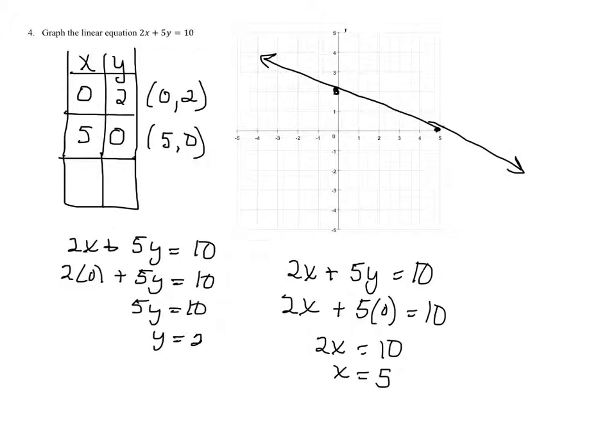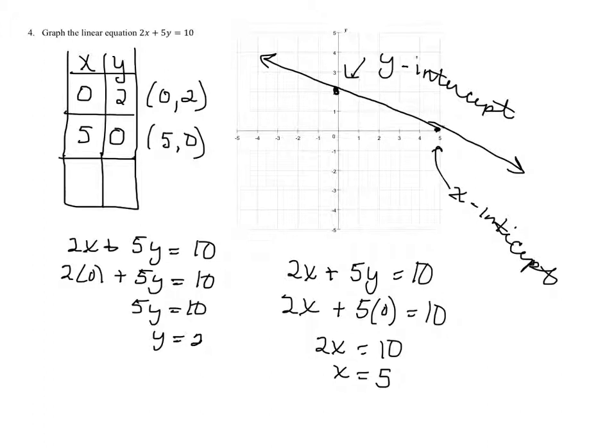Okay. A foreshadowing for the next couple of sections is this is called an x-intercept. And this is called a y-intercept. Okay. Now, you might be saying, well, where's the third point? And in this case, our grid really only goes up to 5. So if we picked something else, let's say if we let x equal to 1, let's do that.